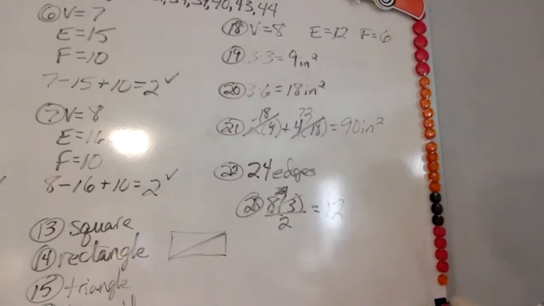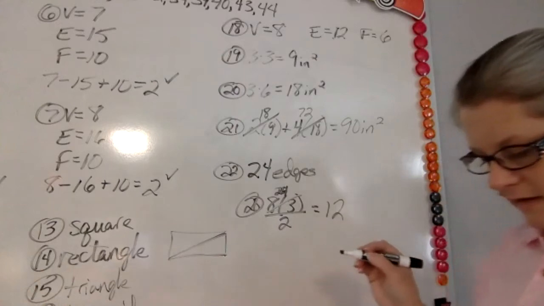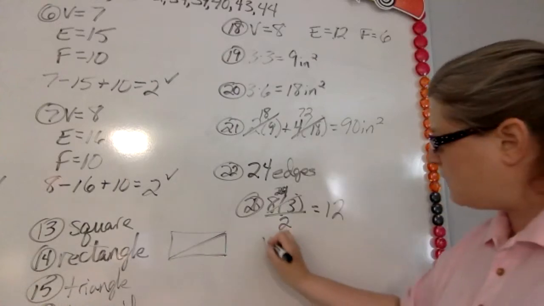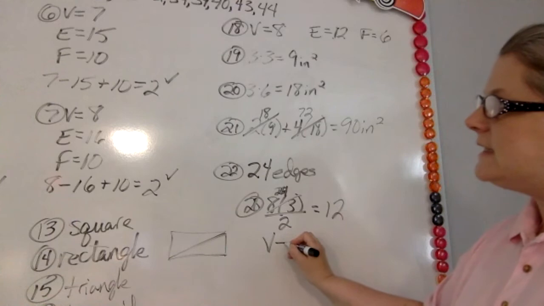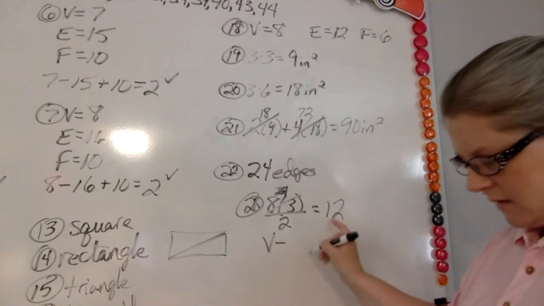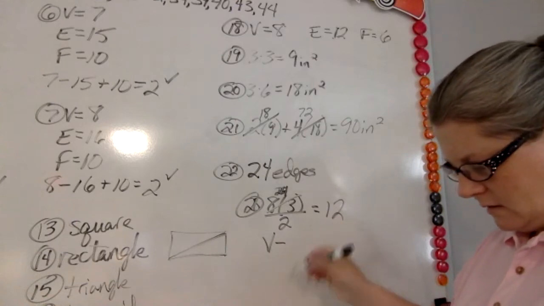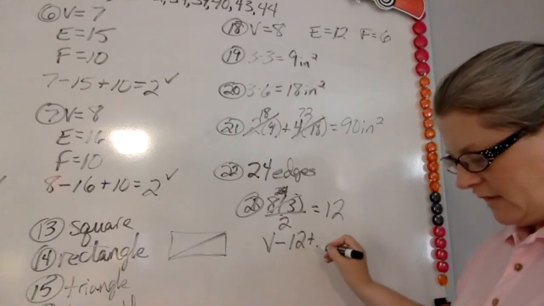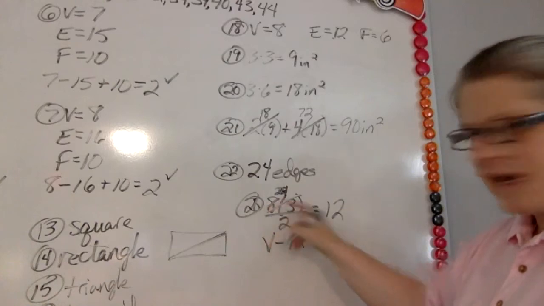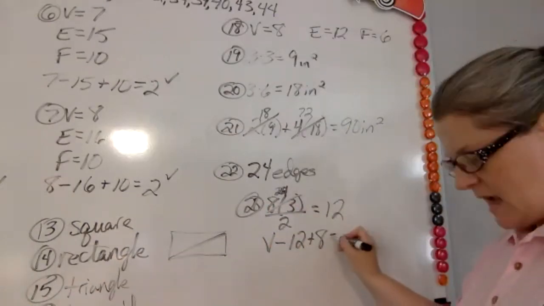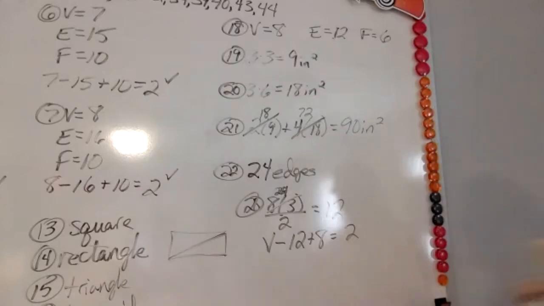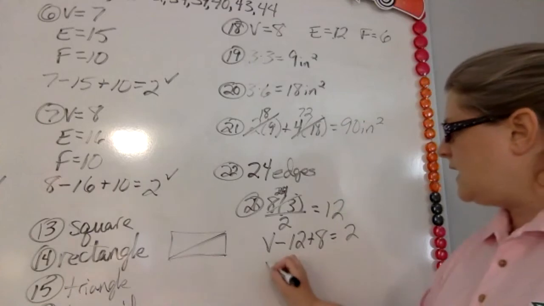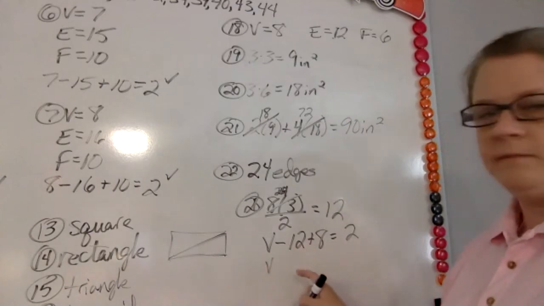So now we plug into Euler's formula. Euler's formula, remember, is the vertices, which is what we're looking for, minus the number of edges, which we just found was 12, plus the faces, which is how many sides it gave you in the beginning, 8. And we know that's equal to 2. Then you work backwards to find V. What is negative 12 plus 8?